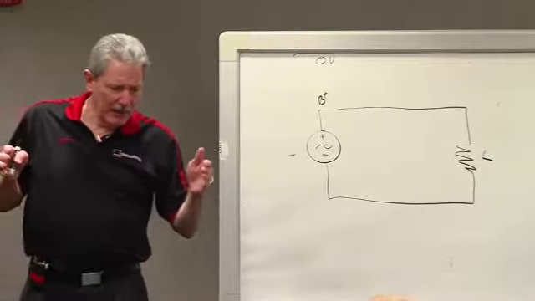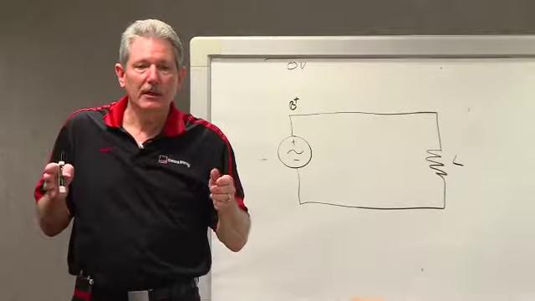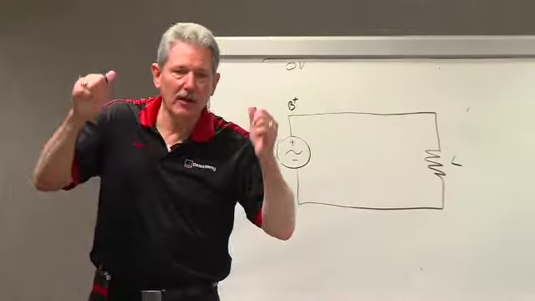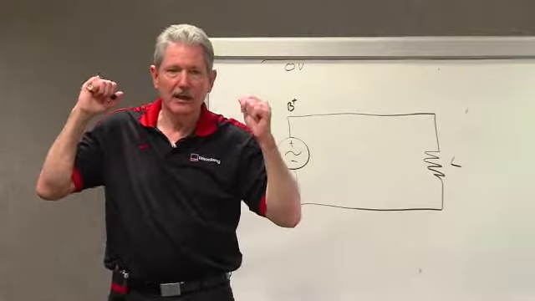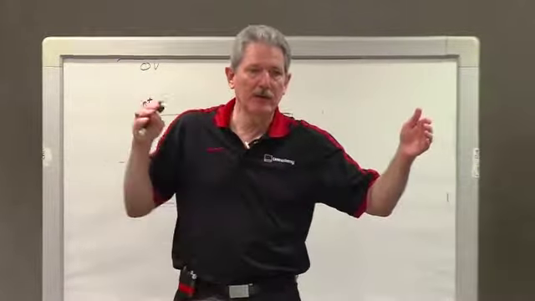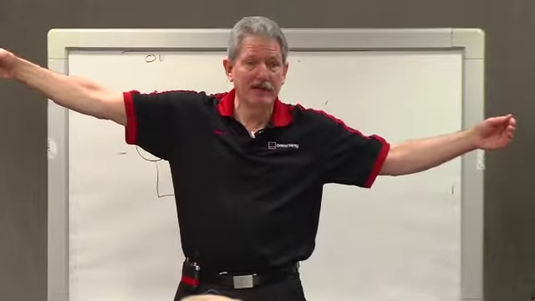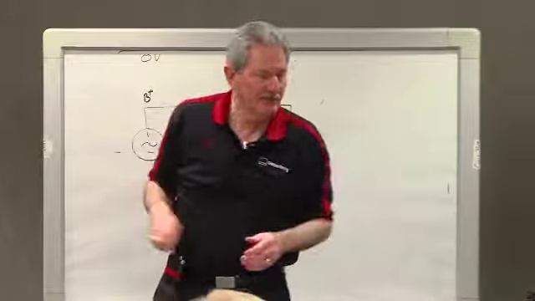If the battery and the alternator are electrically close, you can sense the voltage right off of the back of the alternator. But on heavy-duty applications, the battery and the alternator are remote. They could be a half a volt off. They could be 10 meters off. We've seen that.